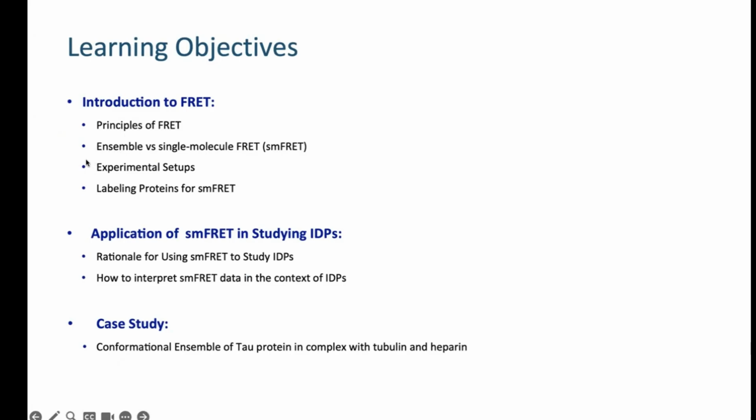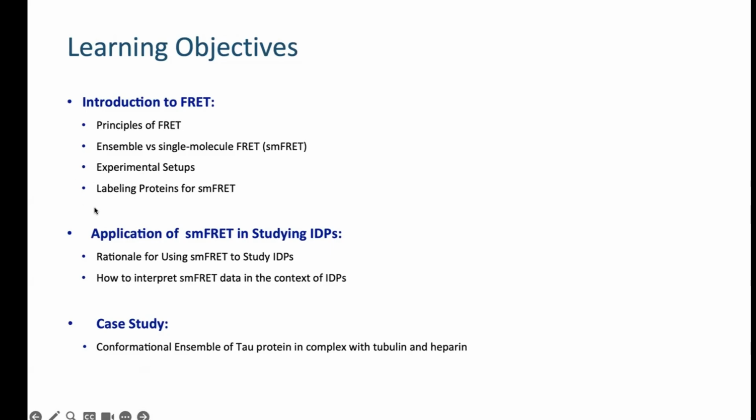Then I also will present some typical setups to perform this kind of single molecule FRET experiment, particularly TIRF, which you don't use too much for IDPs, that requires surface immobilization of our molecule of interest, and also confocal, in which we actually study freely diffusing species, and that has been mostly used for IDPs.